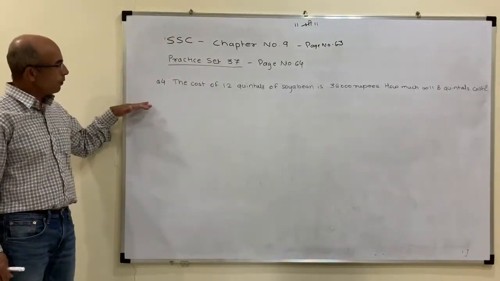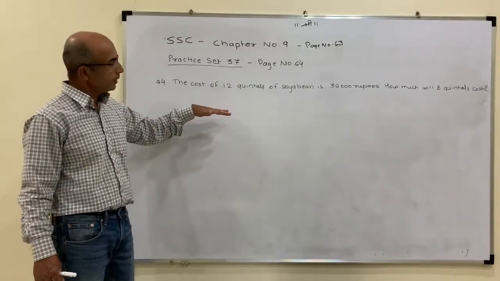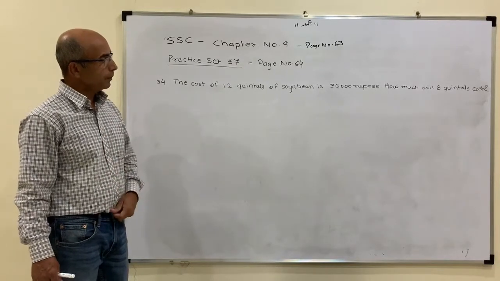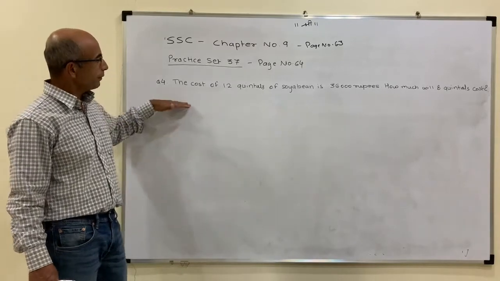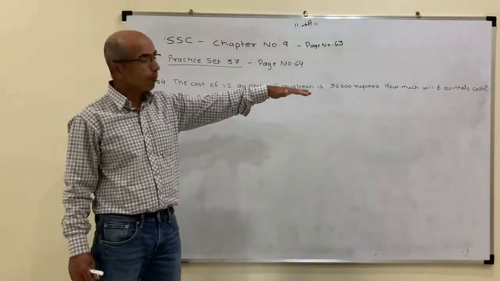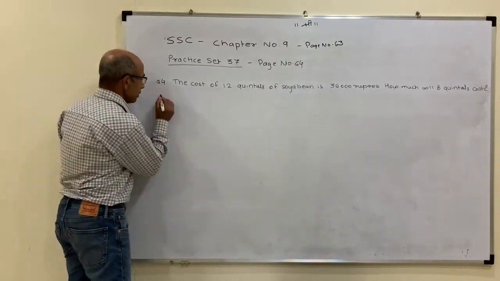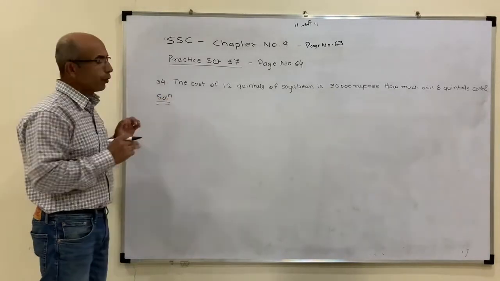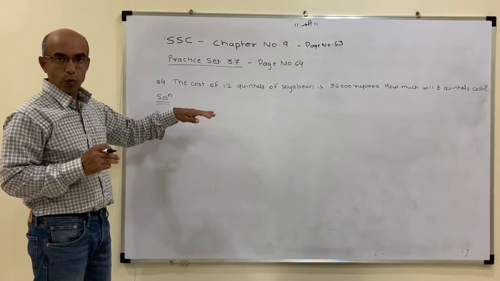Question number 4. The cost of 12 quintals of soybean is 36,000 rupees. How much will 8 quintals cost? They have given us the price of 12 quintals, and we need to find how much we need to pay for 8 quintals. As usual, you can pause the video and try to solve this question on your own.